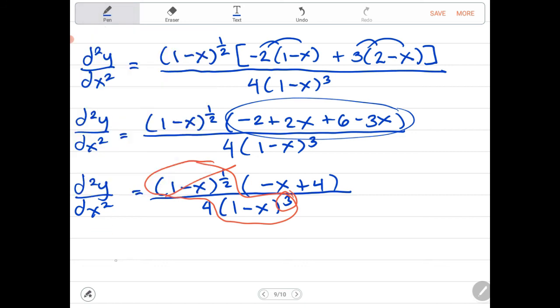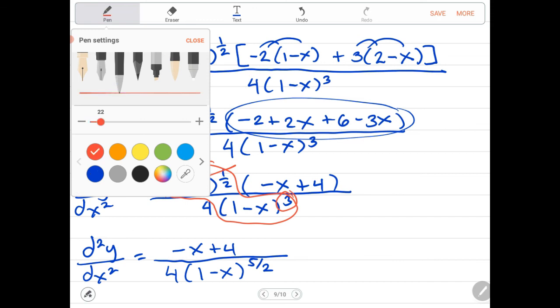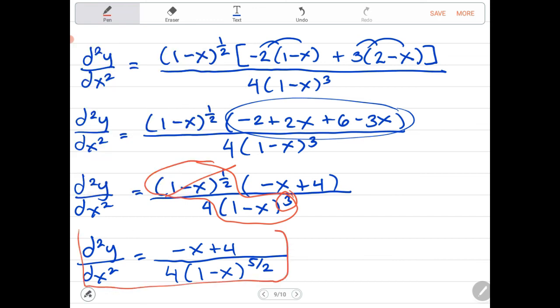So we have the second derivative of y with respect to x is equal to, the remaining will be negative x plus 4, all over 4 times 1 minus x raised to 5 over 2. Okay? So now, this is our final answer. This is the second derivative.